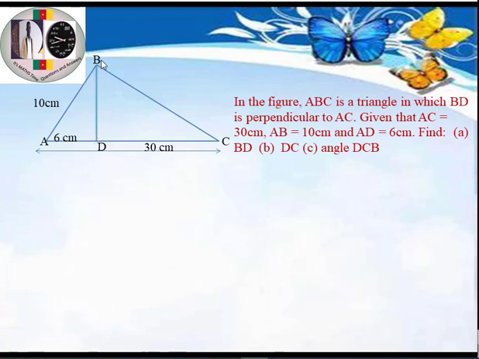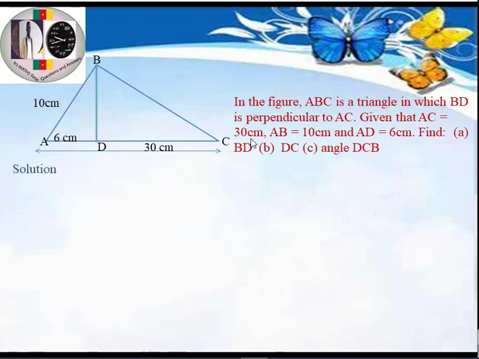So because this line BD is perpendicular to the line AC, we have a right angle here and a right angle this way. So this small triangle BDC is a right angle triangle, and this other triangle BAD is also a right angle triangle. With that in mind, we can use Pythagoras theorem to solve this question.